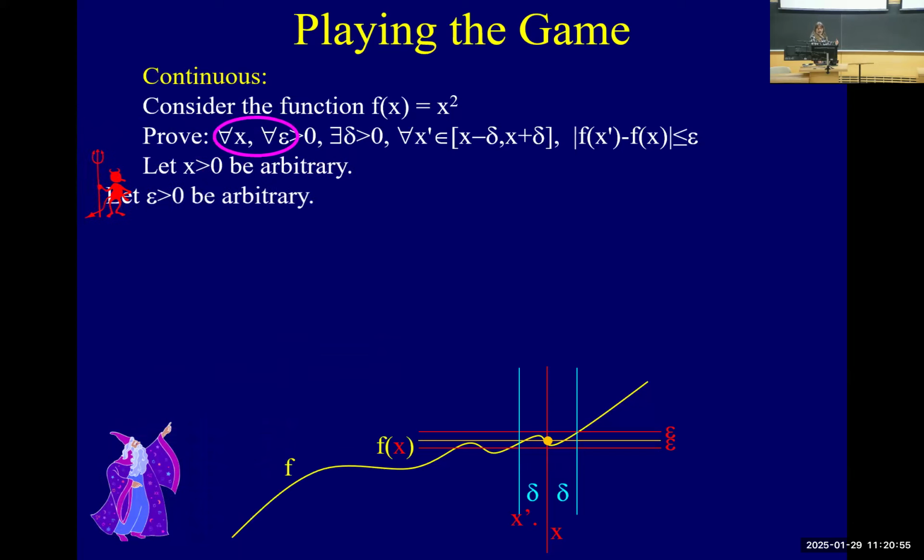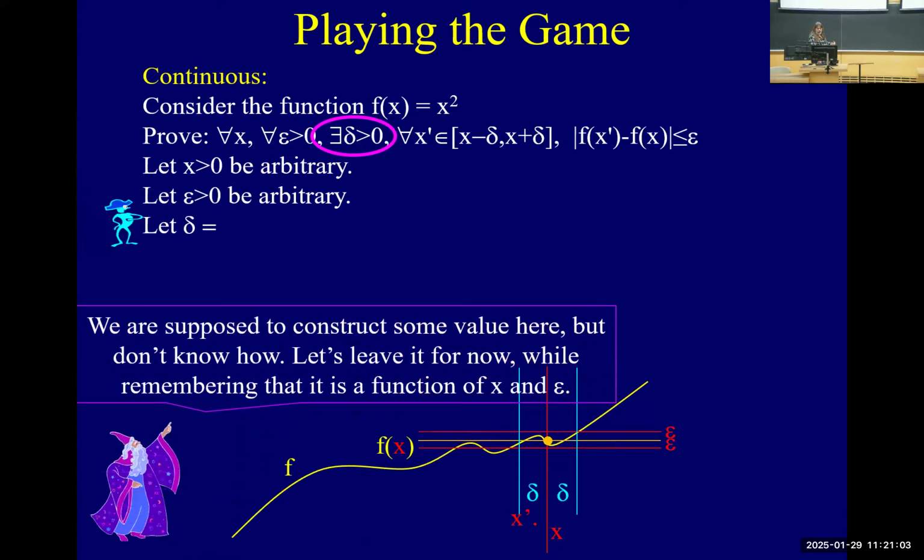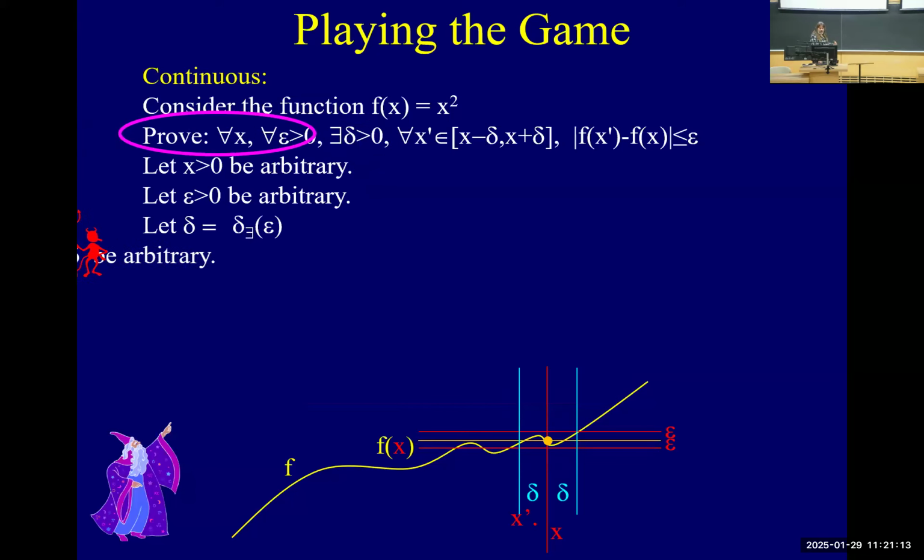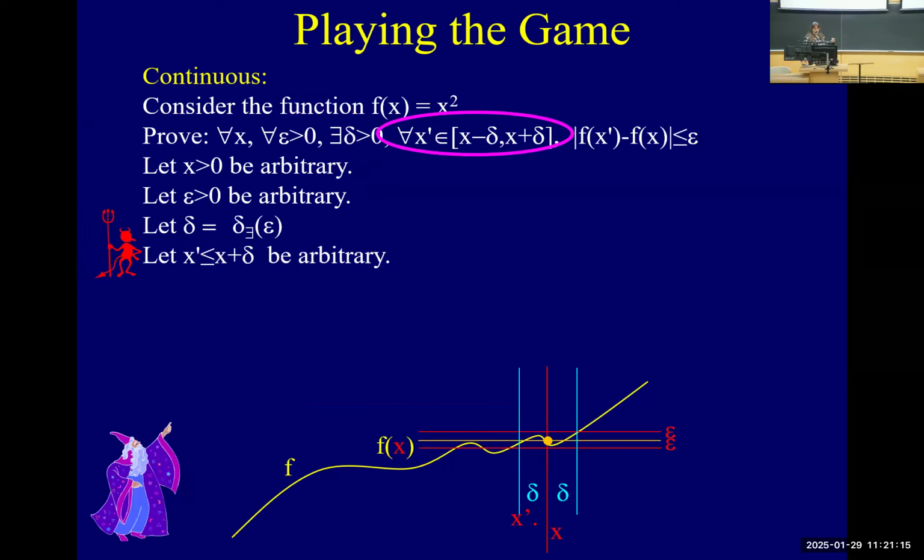Let x be arbitrary. Let epsilon be arbitrary. Let delta be, I don't really know the value right now. Remember I said I don't really know, so let's leave it for now. It's something, and it's some function of epsilon. Then we need x prime to be within delta.